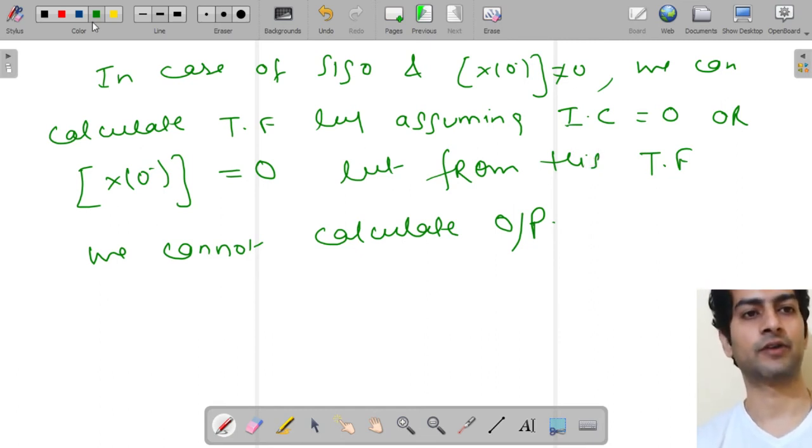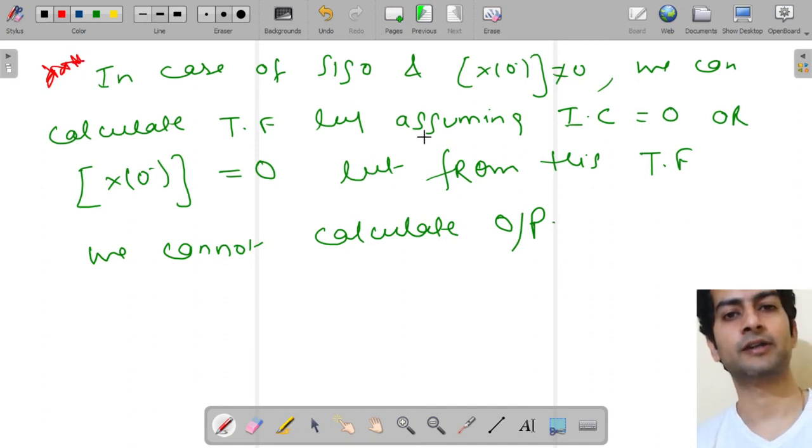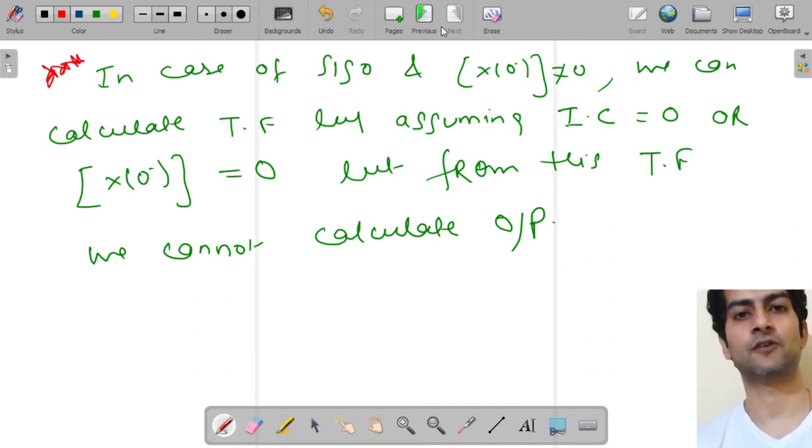So very important, these points are very important.